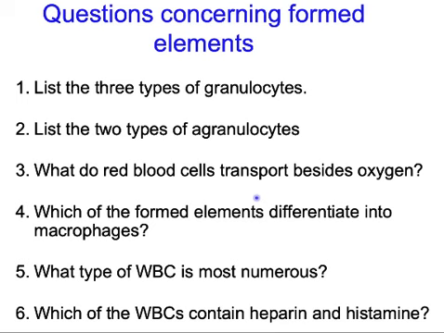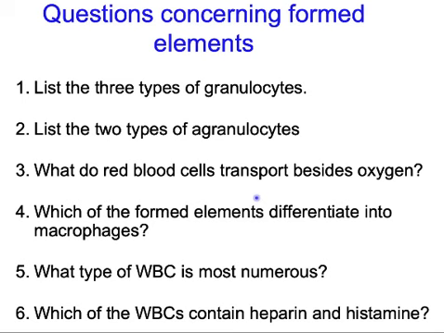The mnemonic for that is never let monkeys eat bananas, where never stands for neutrophil, L stands for lymphocyte, E stands for eosinophil, and B stands for basophil. So never let monkeys, neutrophil, lymphocyte, monocyte, eat bananas, eosinophil, basophil, right? So the most numerous is going to be the neutrophil.